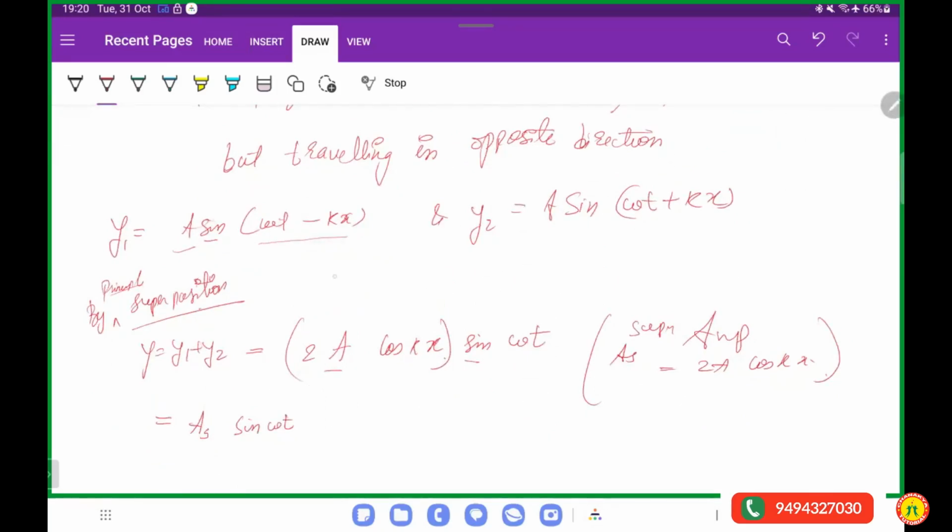I wrote this directly, but if you want, a sin(omega t minus kx) and a sin(omega t plus kx), this is the sin(A plus B) formula. You expand both and you'll get this. If you want to try, you can do it. If you try, then only you can get confidence.